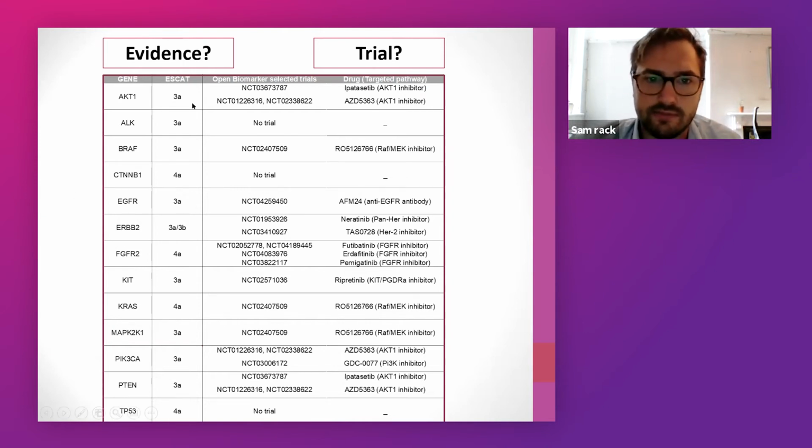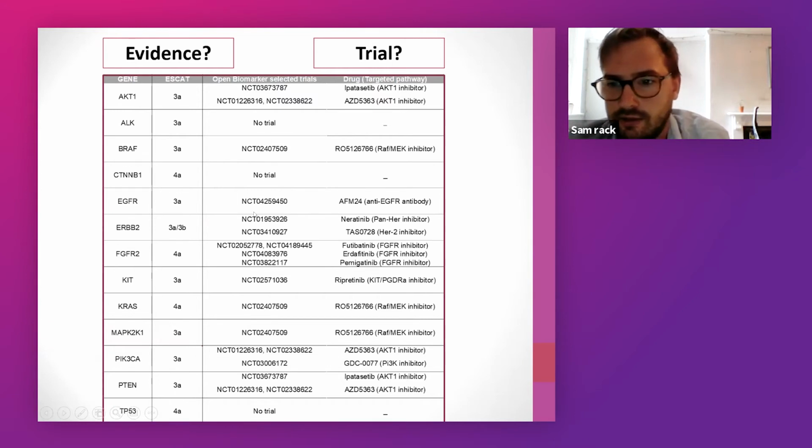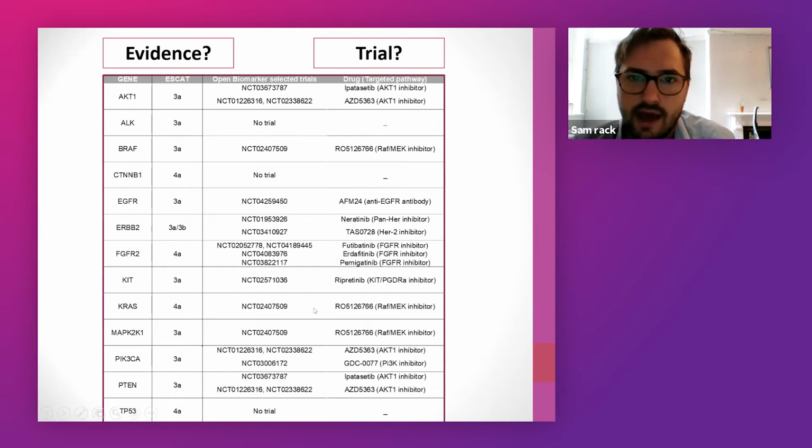You can see on this middle column, this is the results we have. These are the trials which were open over the last 3 to 4 years that have recruited patients of any tumor type, which would therefore include adenoid cystic carcinoma or other salivary gland cancers, and the drugs they would be trialed with.